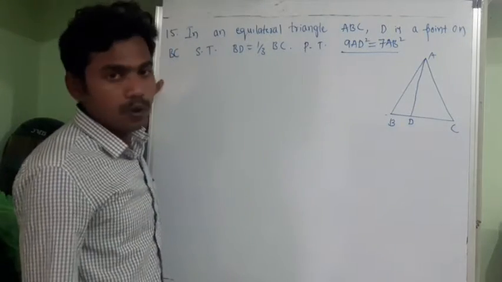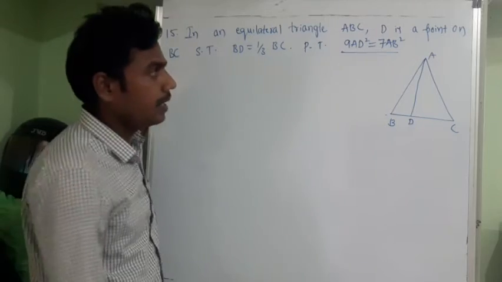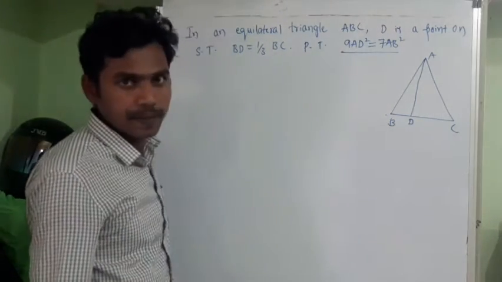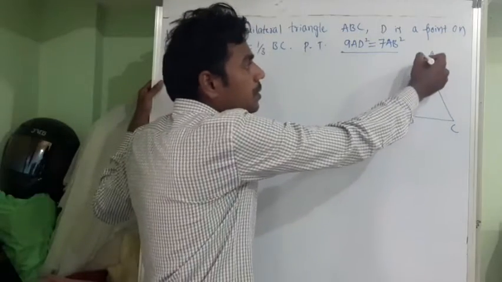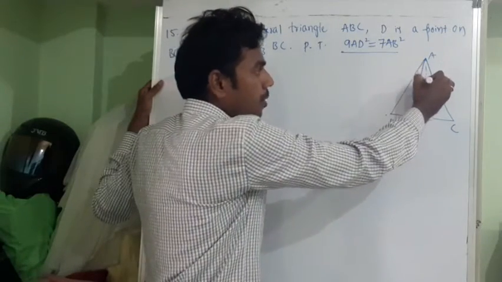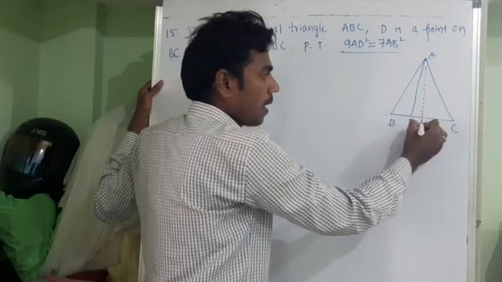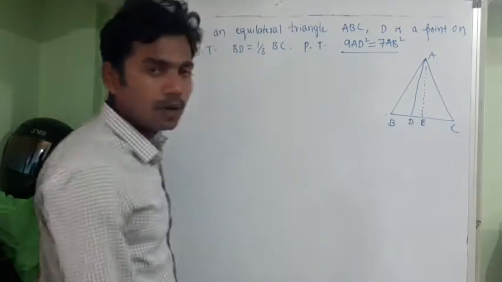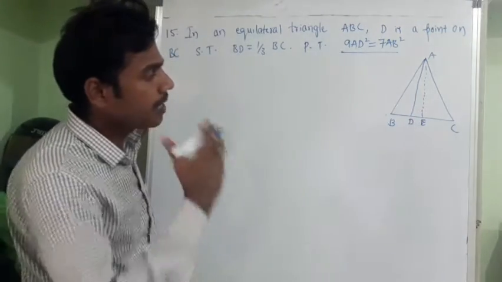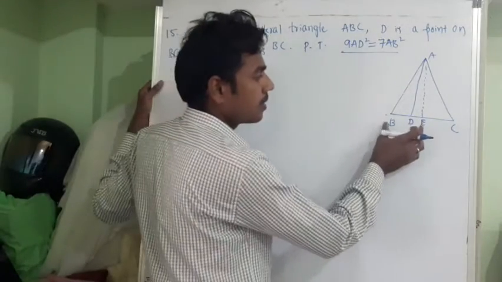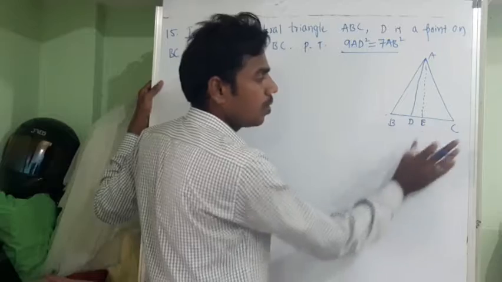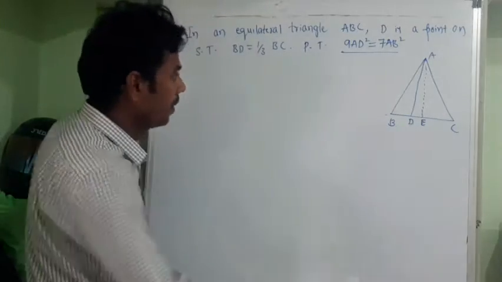So to apply Pythagoras theorem, we need one altitude. So I'll draw an altitude AE perpendicular to BC. Once I draw the altitude in an equilateral triangle, it divides the base, that is BE is equal to EC. We will talk about it later.